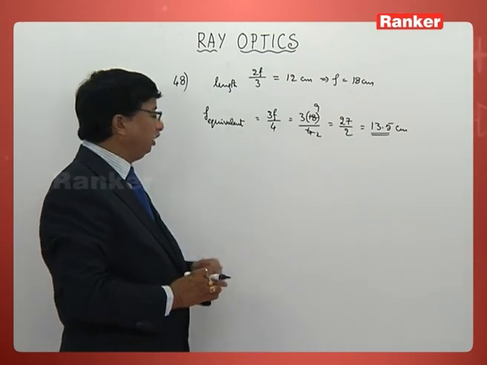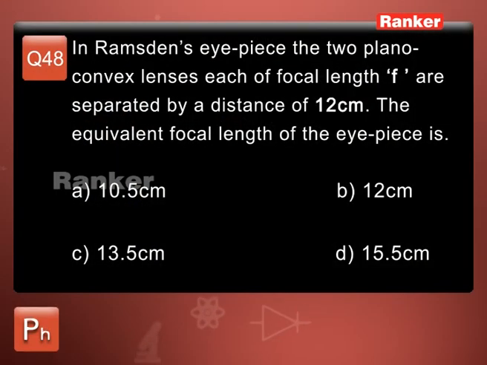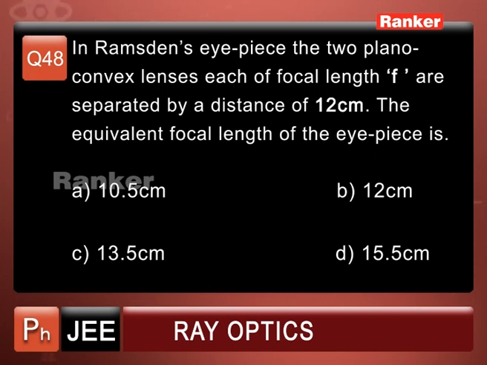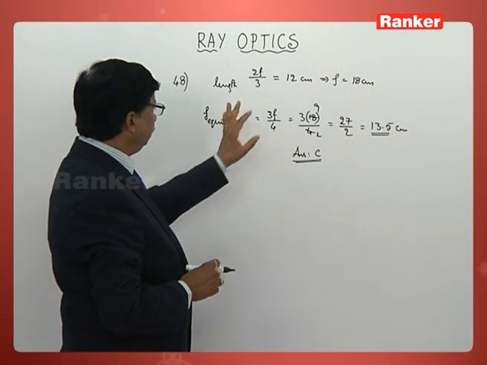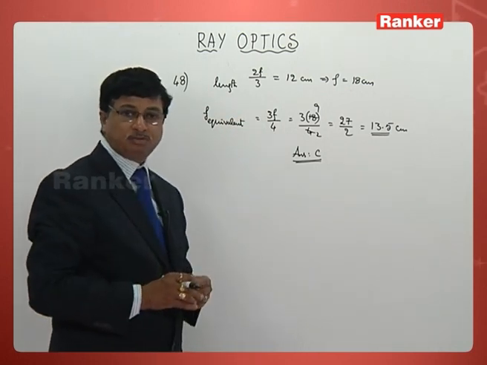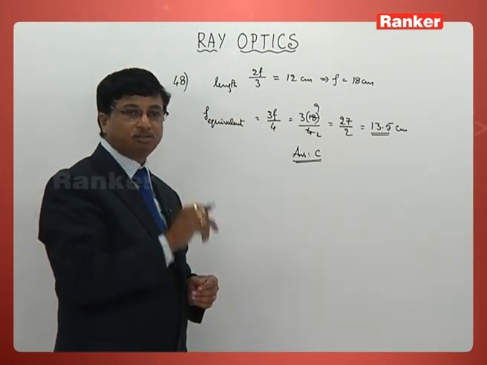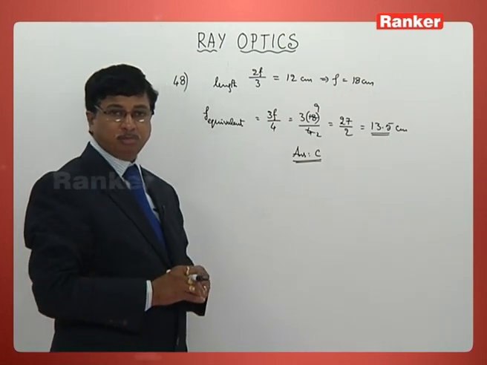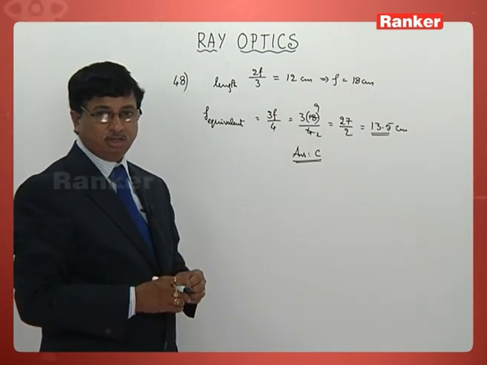First option is 10.5 centimeter, second option is 12 centimeter, third one is 13.5 centimeter, and fourth one is 15.5 centimeter. It is the third option that is going to be correct. So, equivalent focal length is 3f by 4 in Ramsden's eyepiece, 3f by 2 in Huygens eyepiece. If you have this comparison in memory, such problems can be worked out easily.